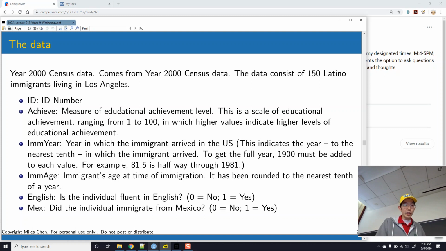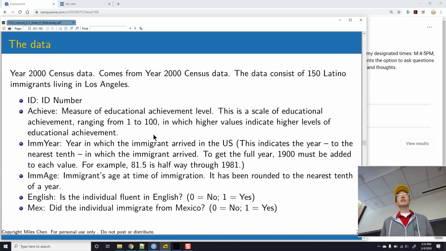And so these are the variables of importance, okay? One is going to be the measure of educational achievement level. This is a scale of educational achievement ranging from 1 to 100, in which higher values indicate higher levels of educational achievement. Unfortunately for us, they did not give us a definition of these things.